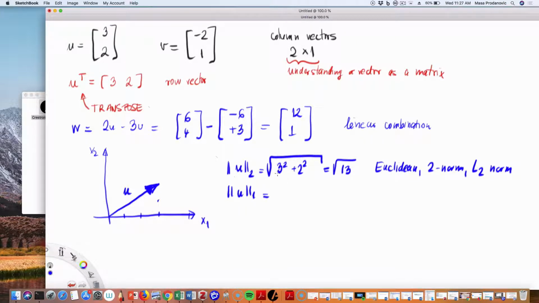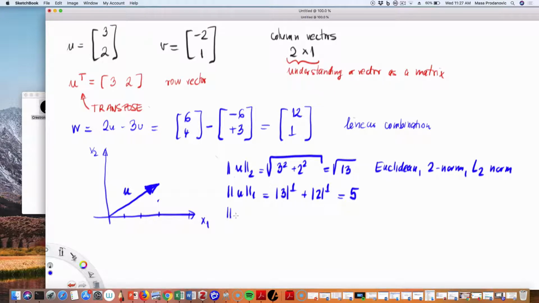It is actually absolute values here, so it's basically sum up this, right? And then I don't have a root, it's nothing, right? So I just leave it as a sum. So 1 norm and 2 norm effectively as a formula kind of work the same. So I just add these values and that is 5.